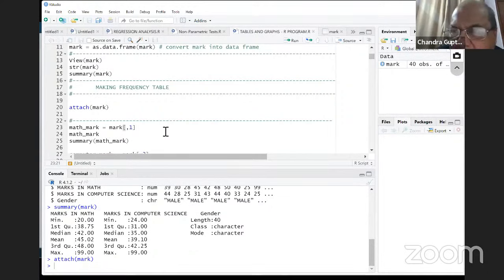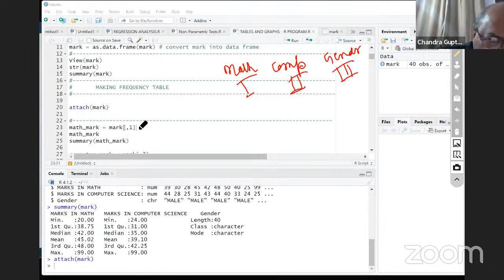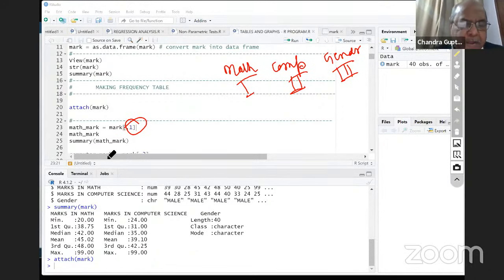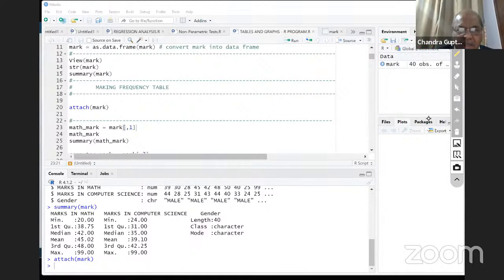From the data frame, which has maths marks, computer science, and gender, that's column 1, column 2, column 3. So I'm storing the marks of column 1 in maths marks. And let's see how we do that.